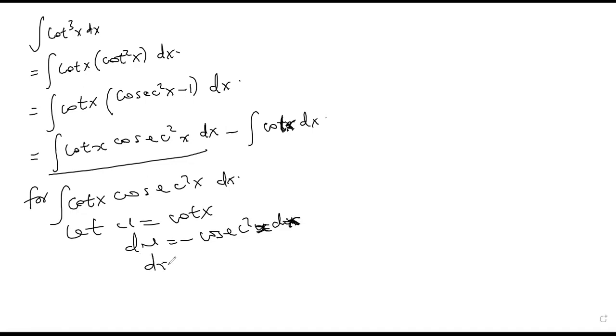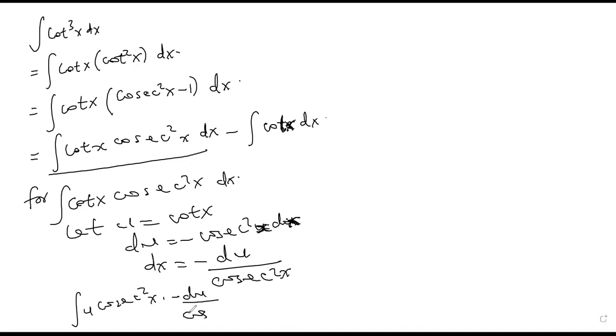So that my dx itself is going to be negative du out of cosec squared x. So that my integral becomes u cosec squared x times negative du over cosec squared x.